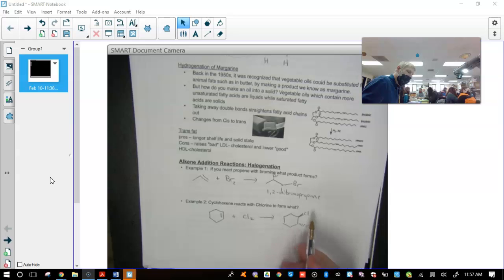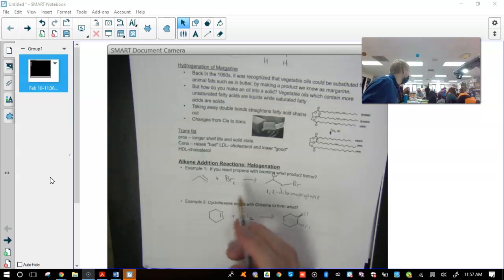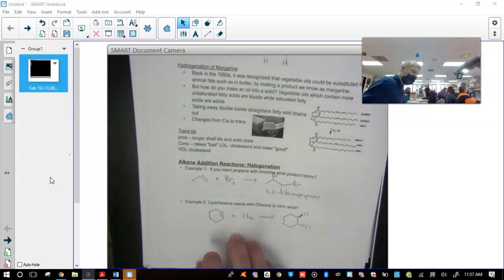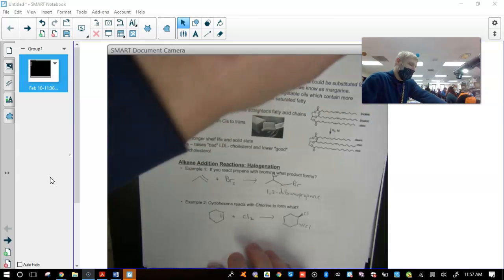The reason you're doing that is because these chlorines want to be as far apart from each other as possible. There is a specific reaction mechanism, but IB doesn't need you to know that. I'm just going to focus on the ones that IB does need you to know, the SN1 and SN2, which we'll get to, because there's enough to take in as it is.